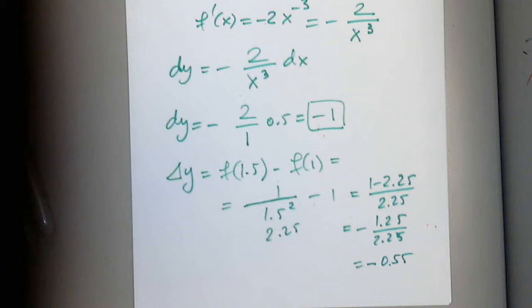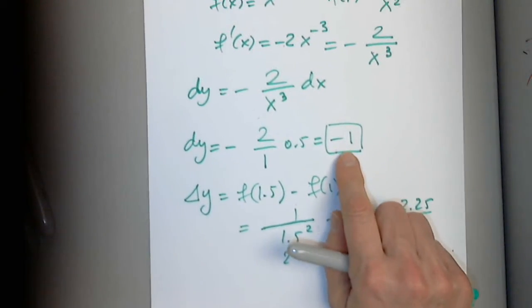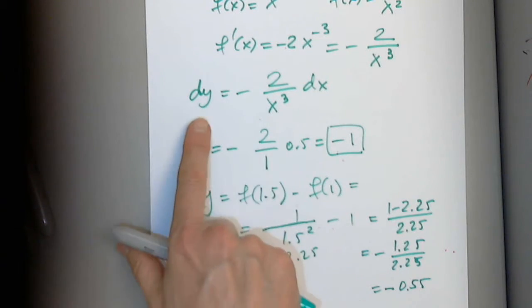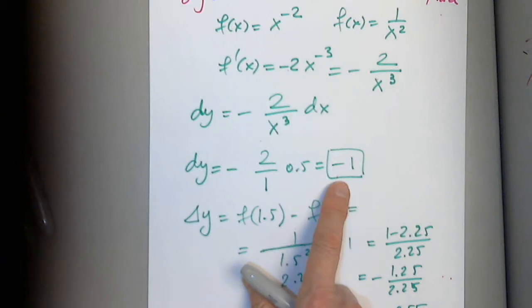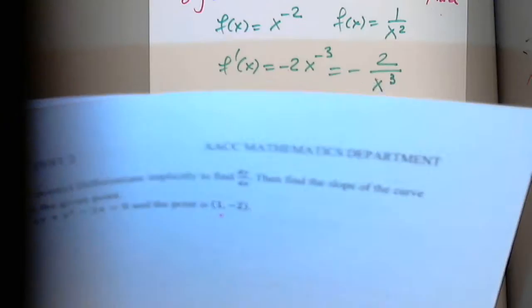For this particular function, that's the difference. The exact difference is -0.55. The estimate, with dy, is -1. Is that okay? Clear? Okay, perfect.